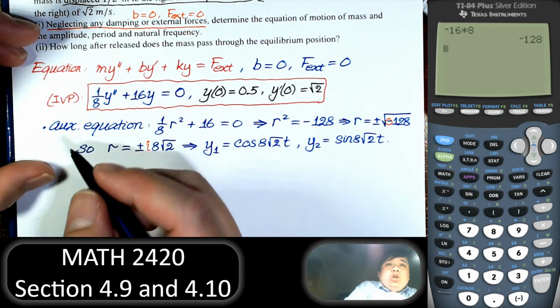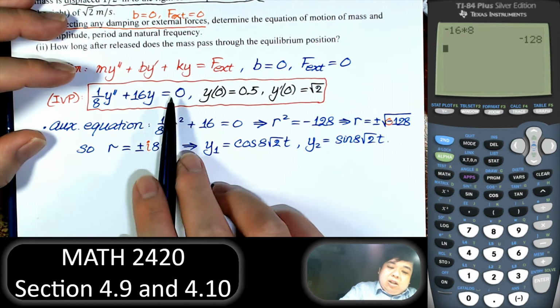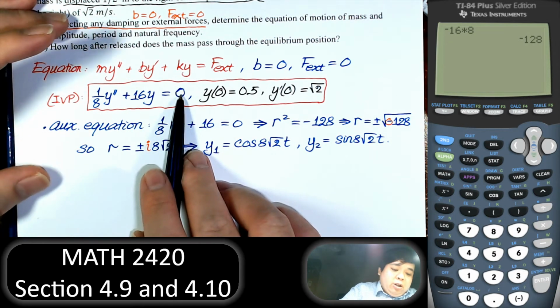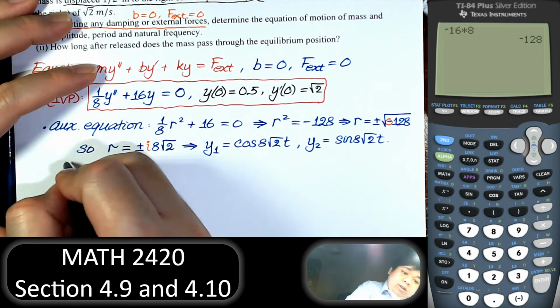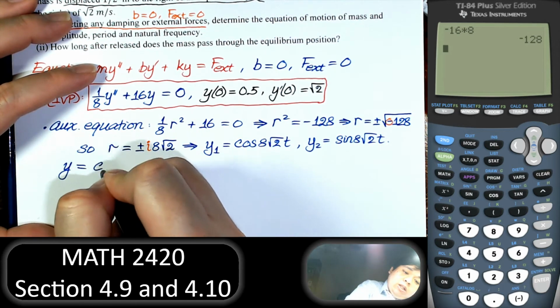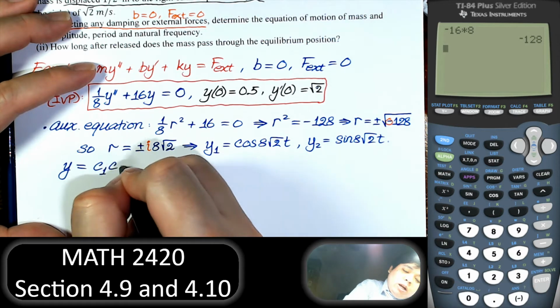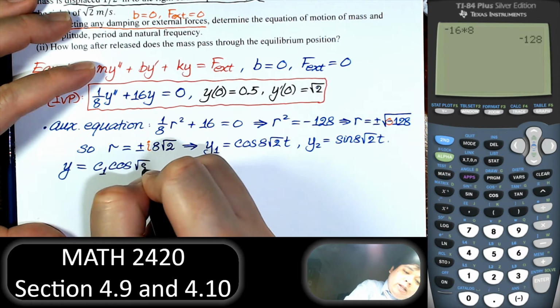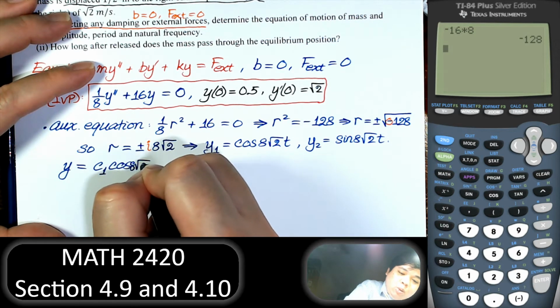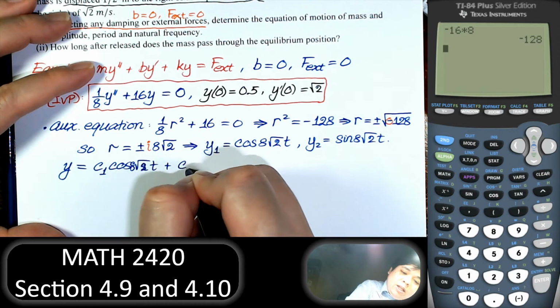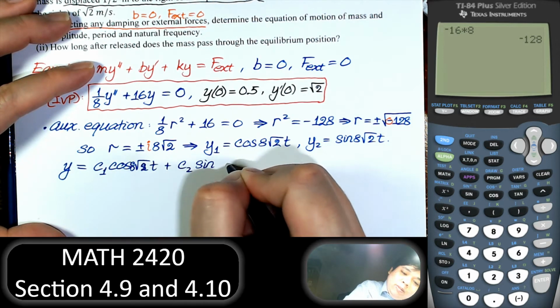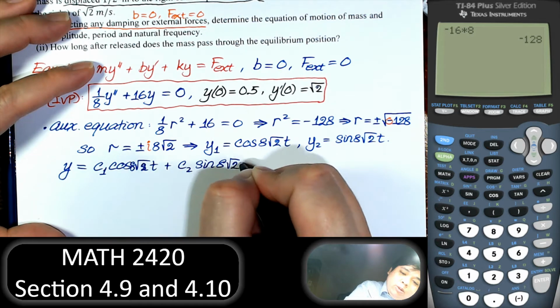In this case, also the general solution, because we don't have a particular solution for the homogeneous equation. So y equal to c1 cosine of 8 square root of 2 t plus c2 sine 8 square root of 2 t.